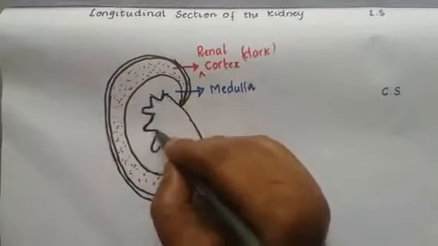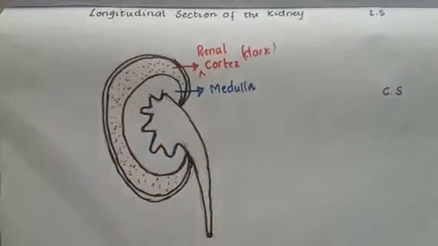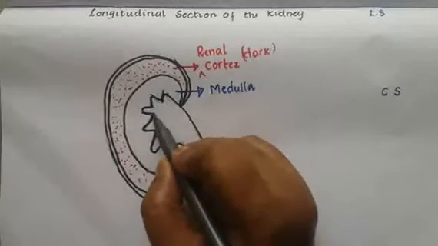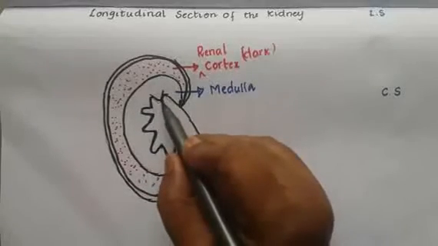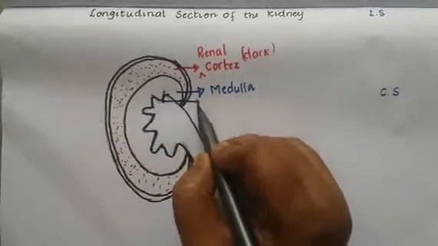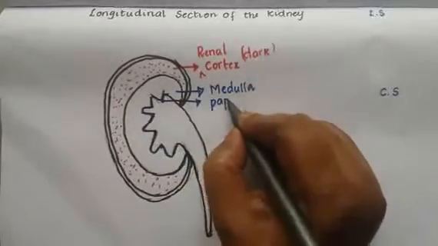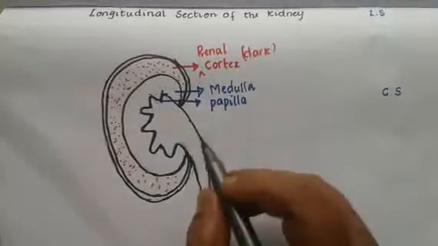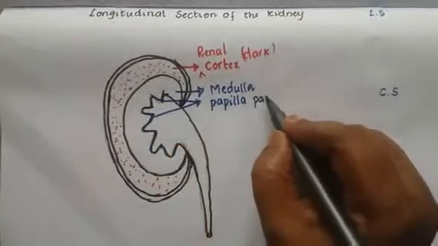Yes children, here you can find it has a number of conical pyramid-like structures, and each pyramid has a tip. The tip or apex of each pyramid is known as a papilla. Papilla is the singular form, papillae is the plural form.